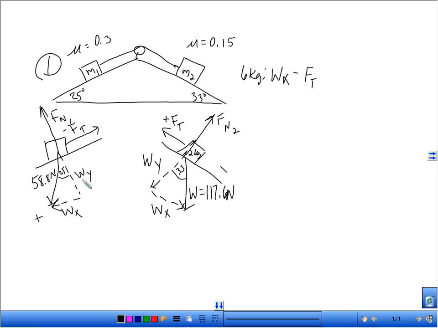Now I'm not real sure which way my friction is headed, but I know that this object is more massive. So I'm going to assume that my system is going to move like that. If it doesn't, my math will support that it doesn't, and I'll go back and fix it. So if I have the system moving in that direction, then friction 1 is going to be down the ramp, so it's going to be a positive value.